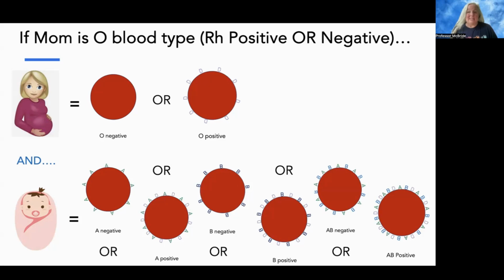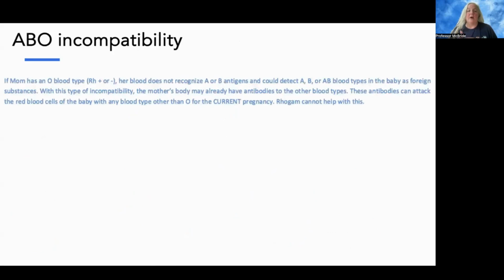And the mom does not have either of these antigens. So with this incompatibility, if the mother is already sensitized and has antibodies from some other reason, they can attack this current pregnancy.